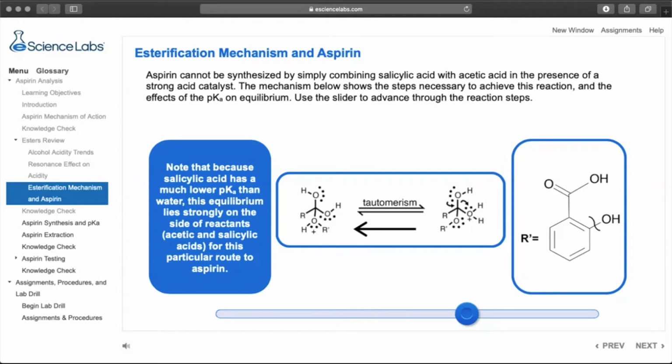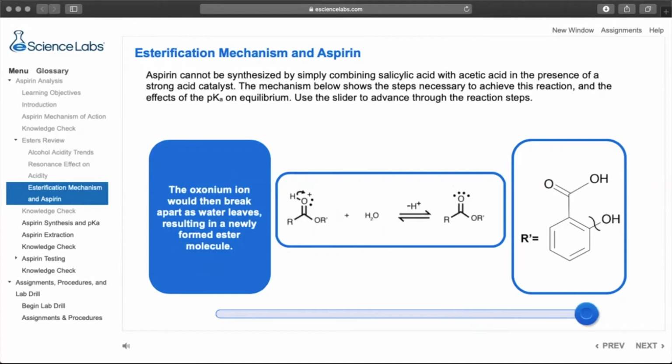The pKa of a carboxylic acid, which is about 5, is much lower than the pKa of water, which is about 15. Therefore, the equilibrium lies strongly on the reactant side for this particular reaction. Going back to the reaction, water would leave and the carbonyl would reform, giving an ester functional group.